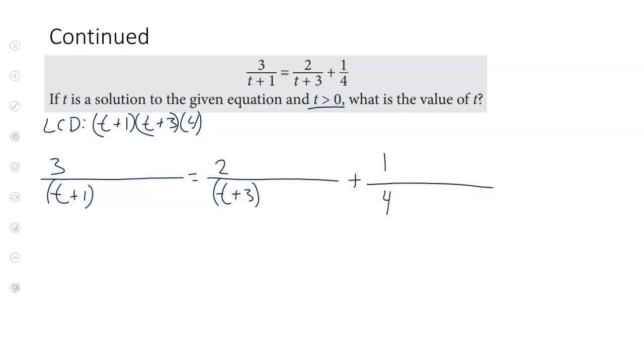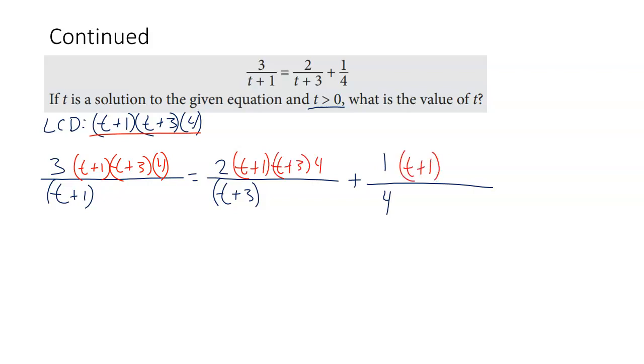The blue is our original equation. The red is our least common denominator, which we will be multiplying everything by. Here, here, and there.